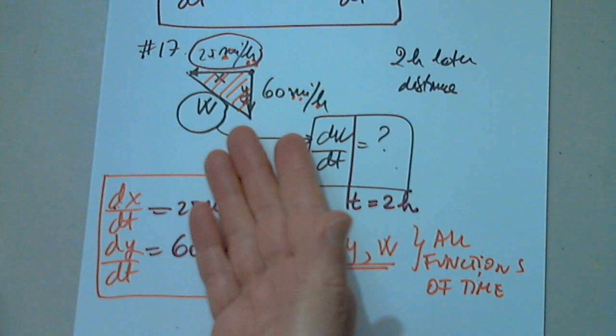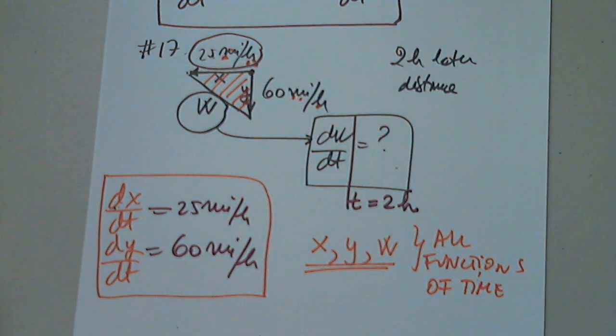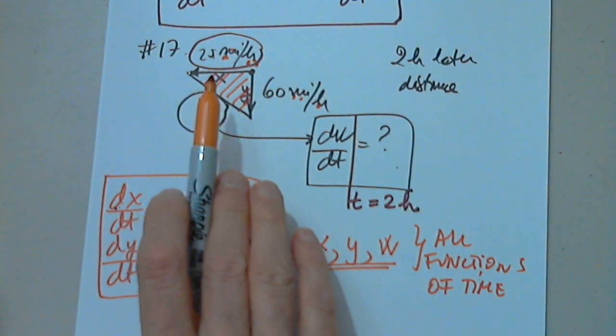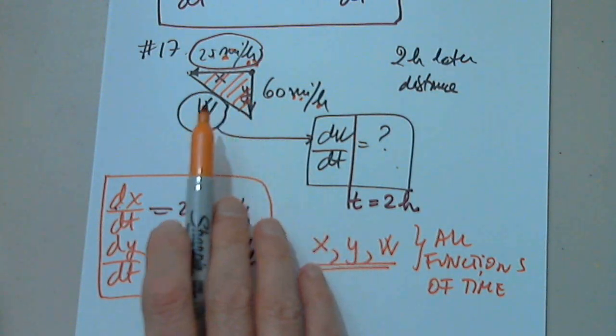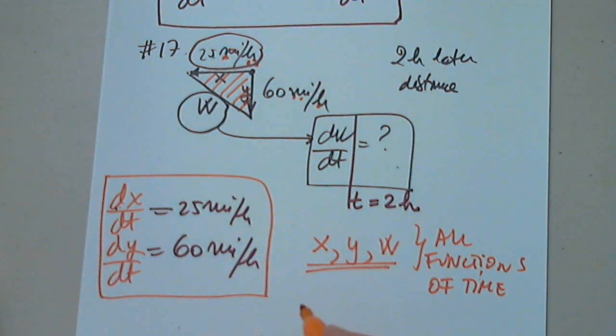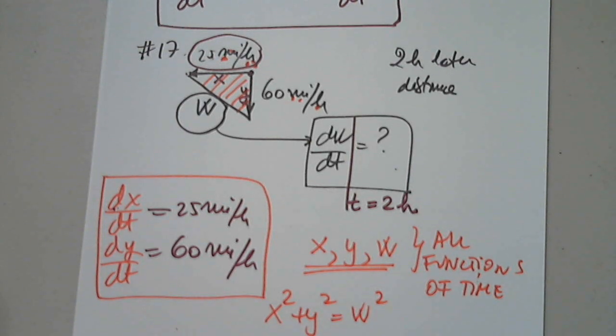Can anyone give us an equation that connects these three? A squared plus B squared equals C squared. Very good. But always remember, a leg squared plus another leg squared equals the hypotenuse squared. So x squared plus y squared equals w squared. Awesome. So I have the relationship.